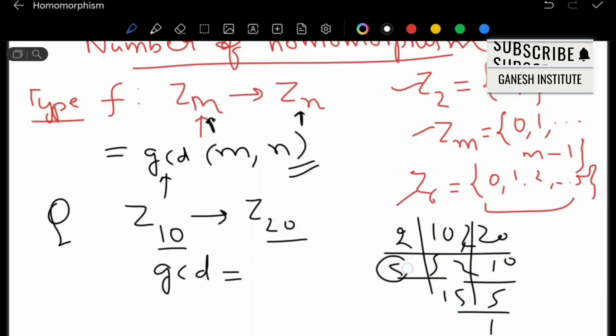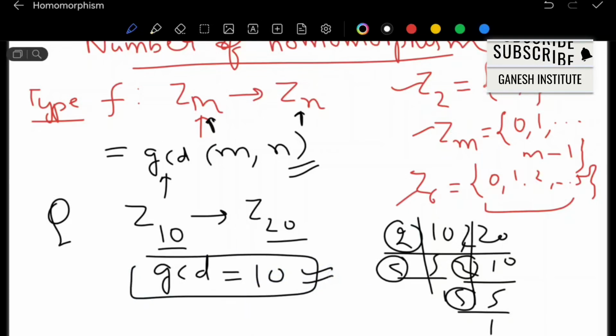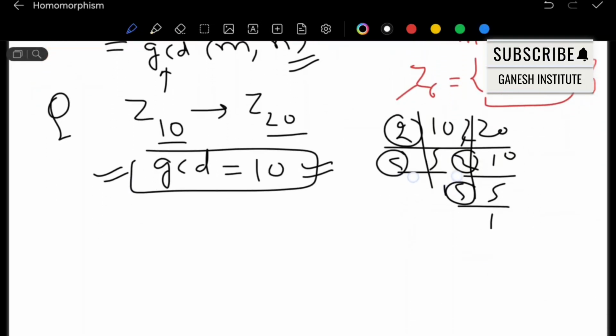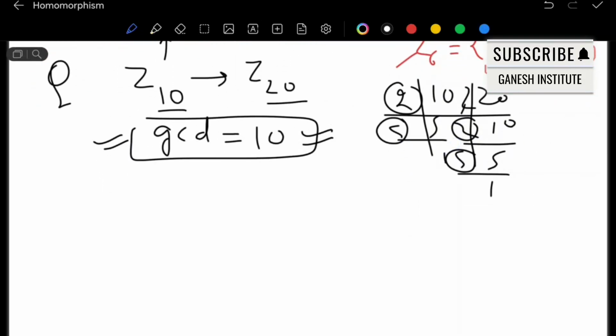What is common? 5 and 2, right? So 10 is common. So this is the GCD. There will be 10 homomorphisms following which the algebraic structure and binary operations will be preserved, following the property of homomorphism.